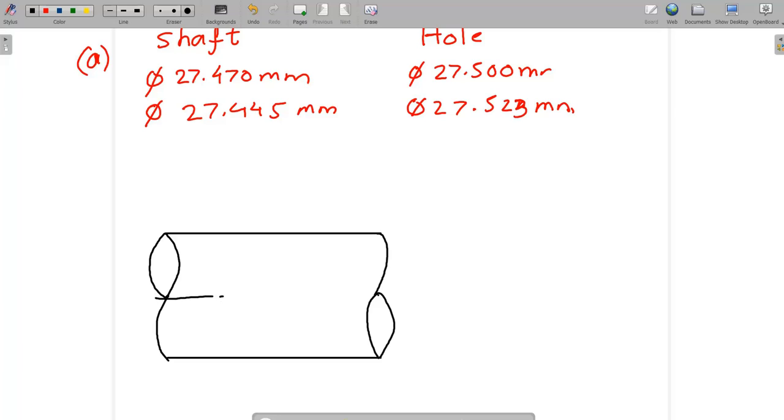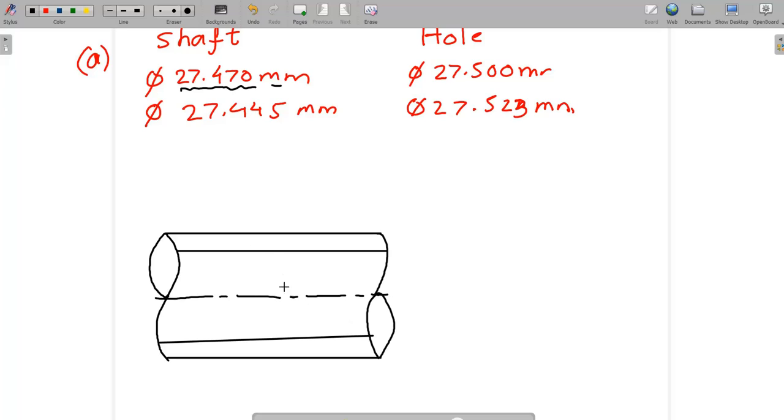Now diameter is given. So this 27.470, who can tell what this actually is? See, we are removing the material from both sides, right?